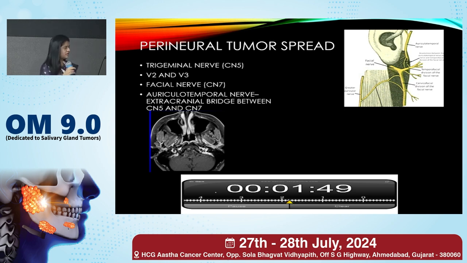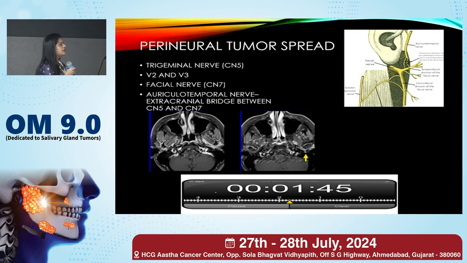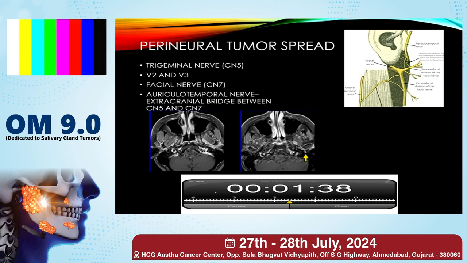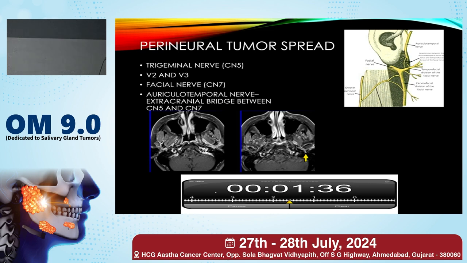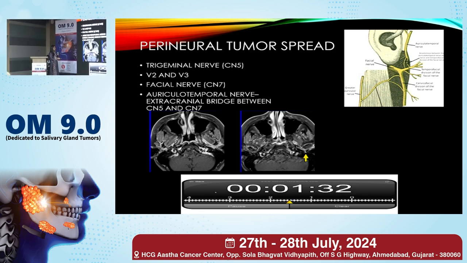The patient was imaged on different other slides. It showed that there is enhancement present in the region of the auriculotemporal nerve, as well as enhancement in the region of the stylomastoid foramen.